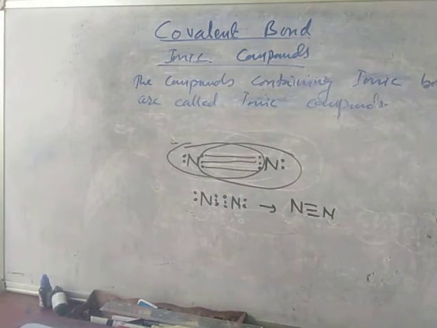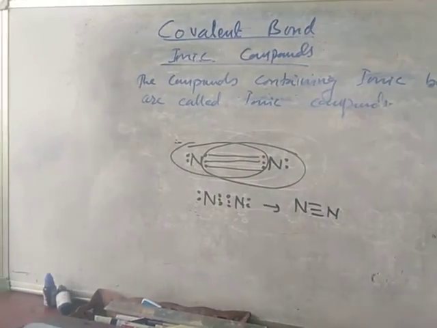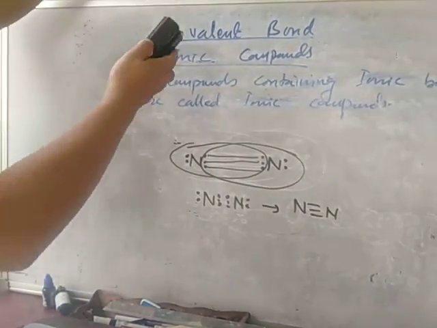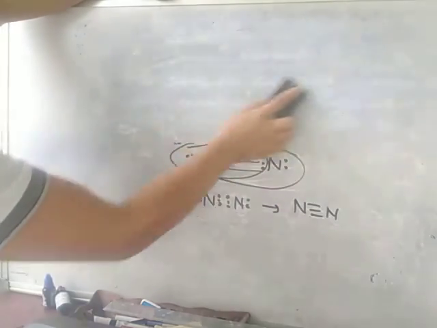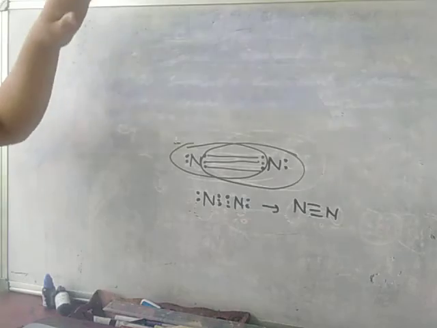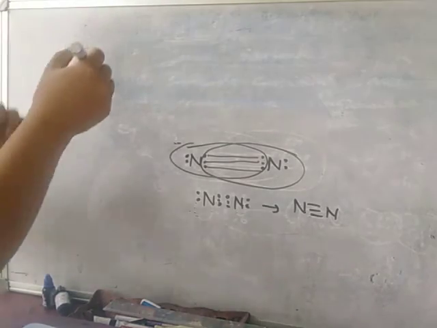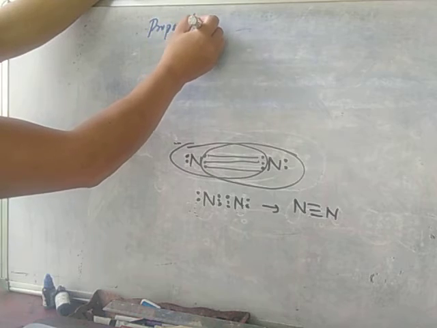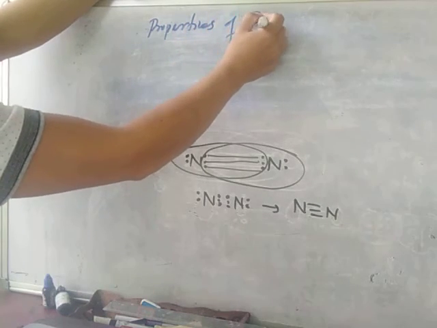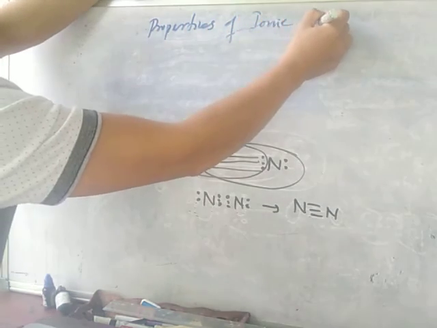Okay, so now let's start properties of ionic compounds. Properties of ionic compounds and covalent compounds are very important.